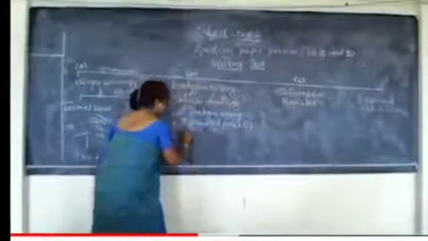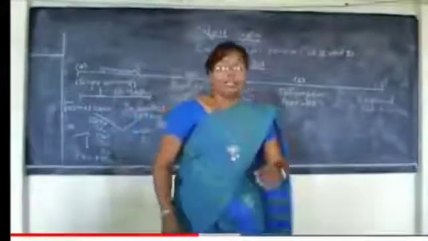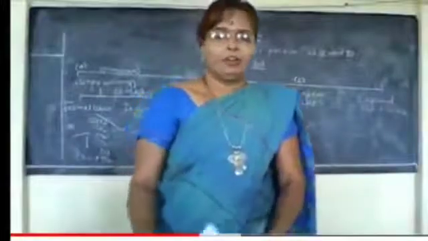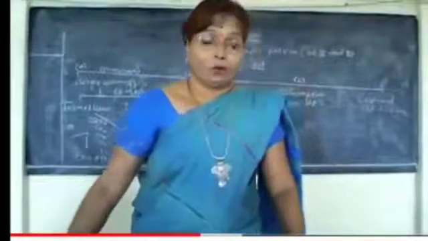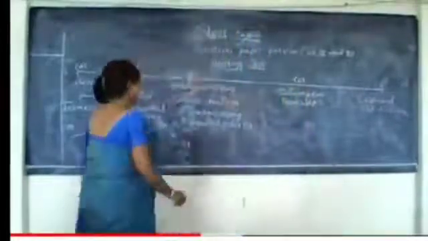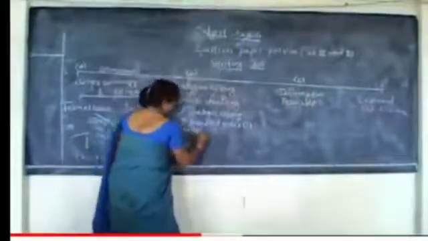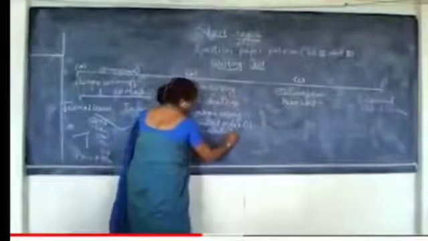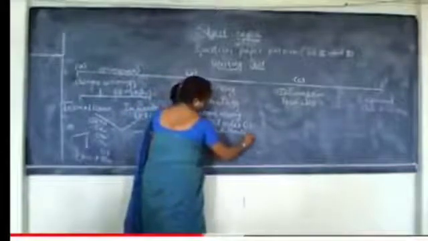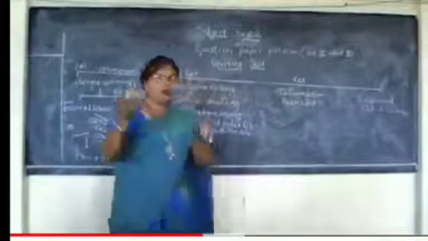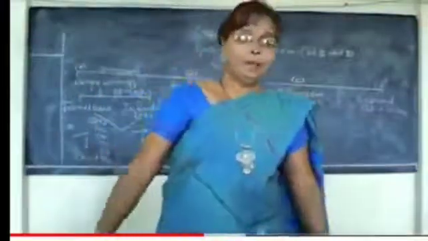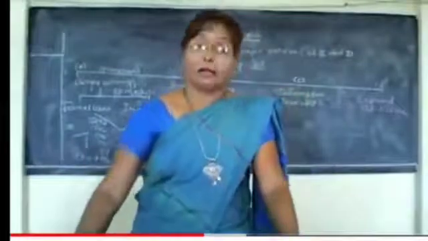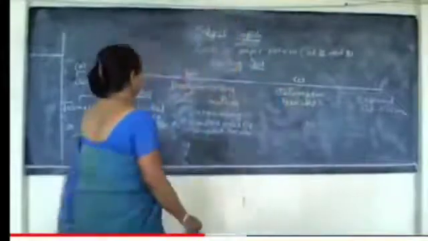Then there is the second point, that is complete the dialogue. You're given some incomplete pieces of dialogues and you have to complete them. So again, it carries 1 mark.